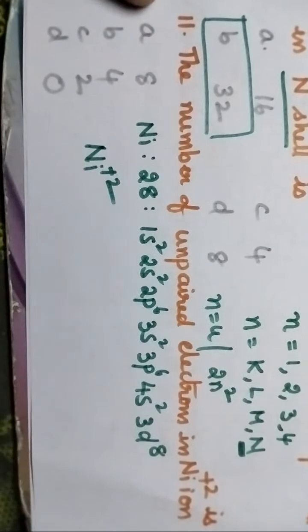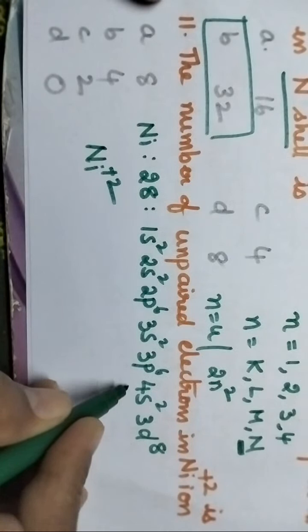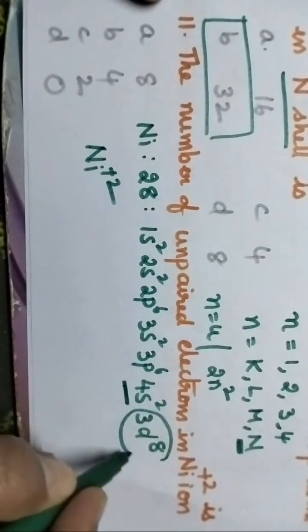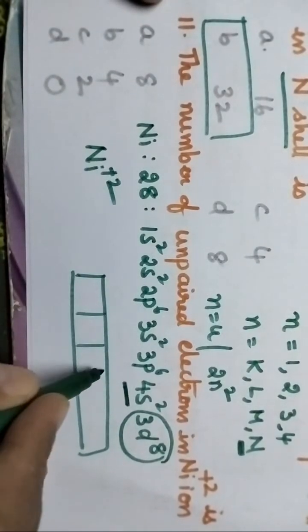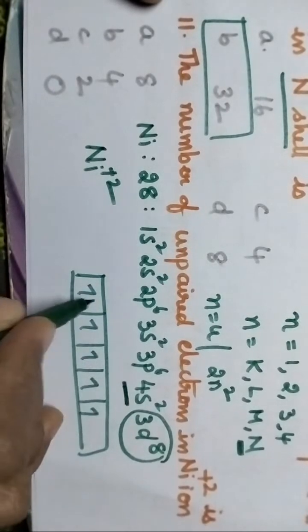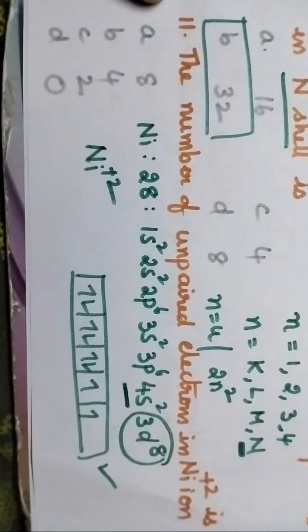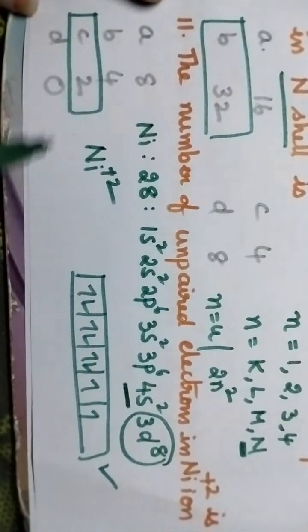So 2 electrons are removed from the outermost orbit, that is from the 4s orbit, and we have to write the detailed configuration of the 3d orbital. 3d8 electrons are present. So how many unpaired electrons are present? Swati, very good. 2 unpaired electrons are present. So option C is the right answer.